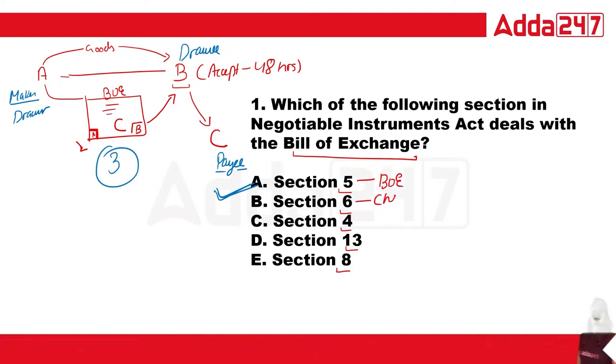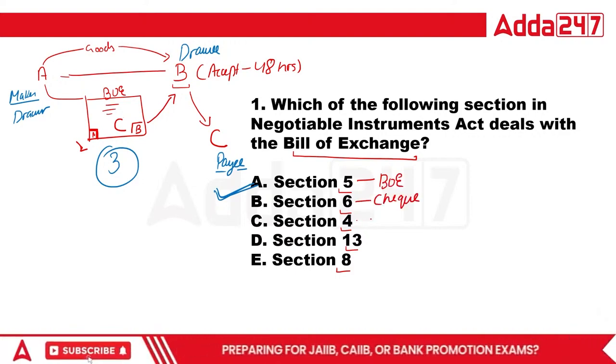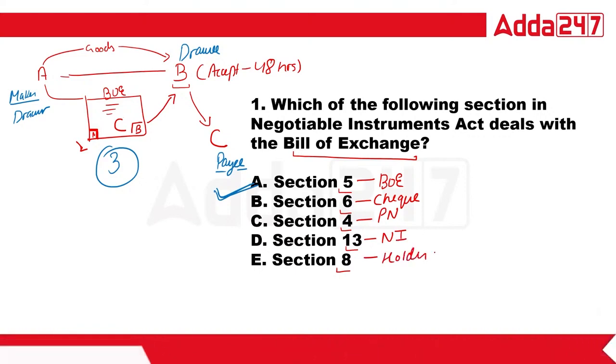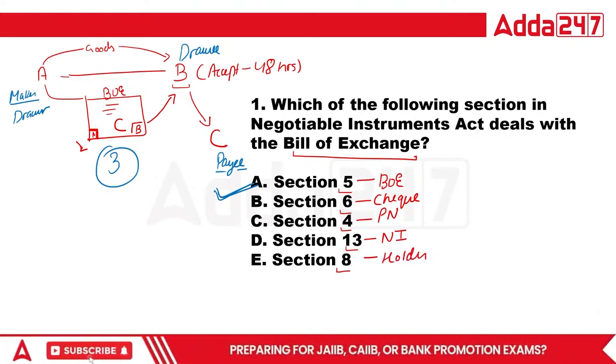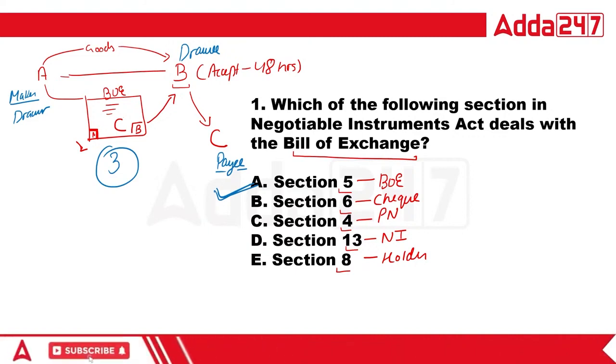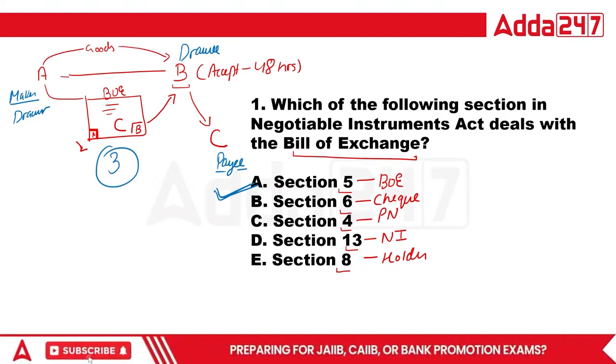Section 6 is check. Section 4 is promissory note. 13 is negotiable instrument. 8 is holder. So these are the important definitions of your part. That is important. Okay, this is the important section that we have to learn in the NI Act.